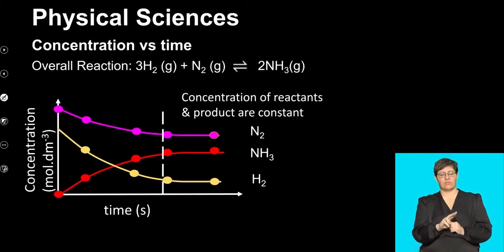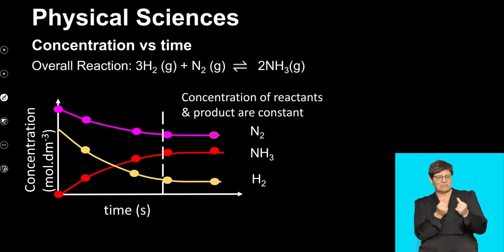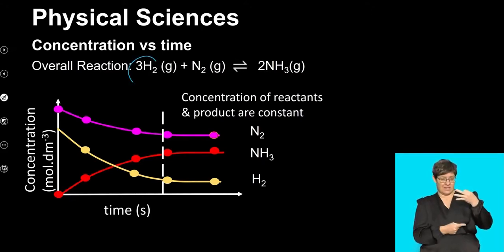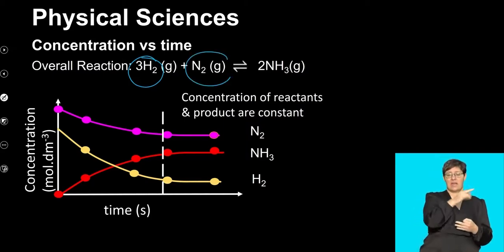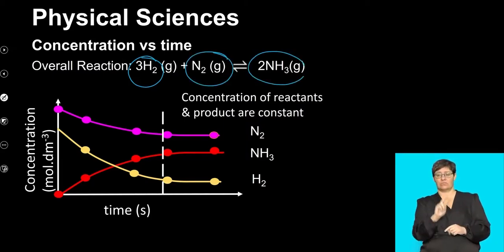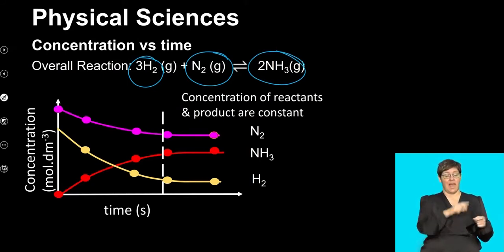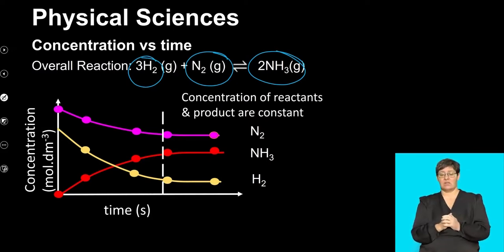We looked at this earlier when we spoke about the overall reaction for the preparation of ammonia gas. Just a refresher on concentrations: we had 3 moles of hydrogen gas and 1 mole of nitrogen gas that produced 2 moles of ammonia gas. We showed that in the beginning, the concentration of the nitrogen decreased, the concentration of the hydrogen decreased, and the concentration of our ammonia increased.